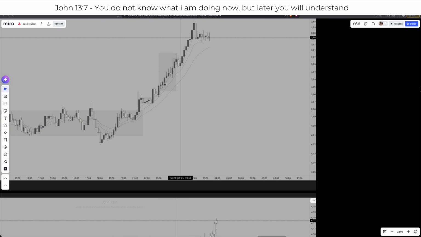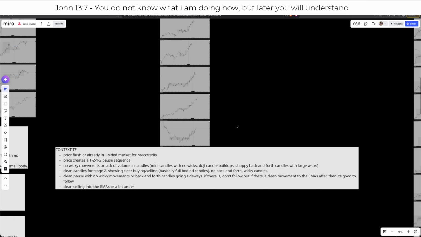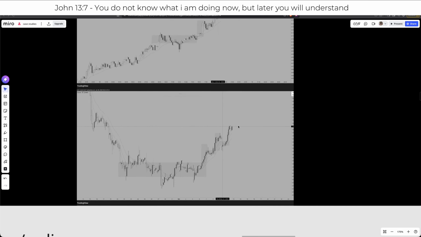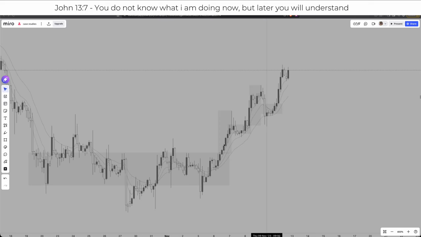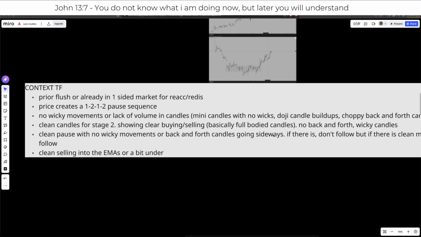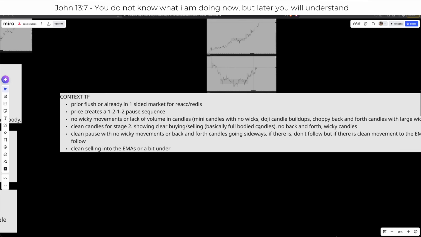These aren't dojis, but it's that back and forth wickiness that I don't really want to have, and back and forth candles with large wicks. I'm looking for clean candles for that stage 2. I literally just talked about that, right? Clean up moves or clean down moves that I'm trying to look for, showing clear buying and selling, basically full body candles, no back and forth wicky candles.